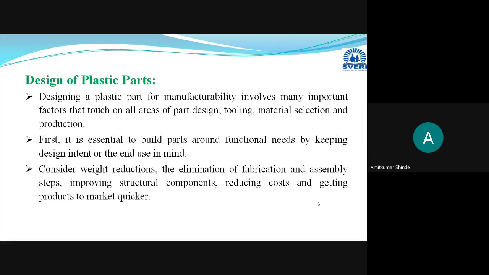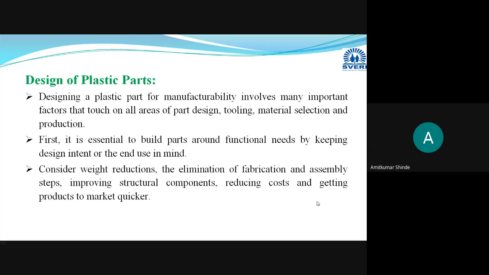I will summarize this slide. Before designing any plastic part, you should consider the availability of the material, which material is required and whether it is available, then which tooling you are going to use to give the material the desired shape and size, and which process you are going to use to achieve this.